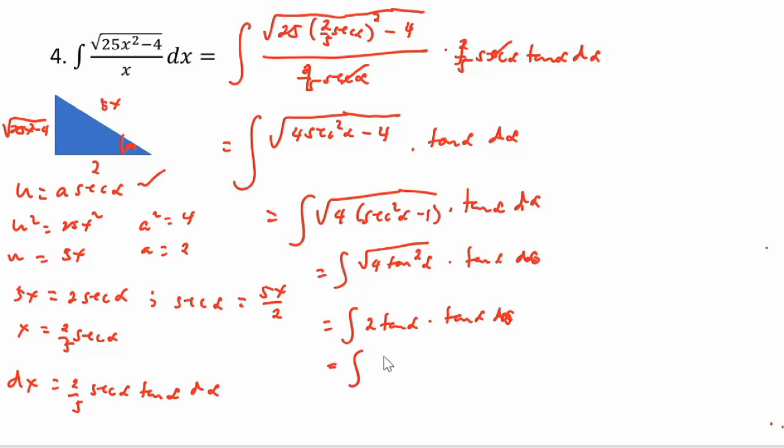So multiplying that one, we have now 2 tangent squared alpha d alpha. So taking now the identity of this, so we can write 2 times, we have tangent squared alpha plus 1 minus 1 of d alpha.